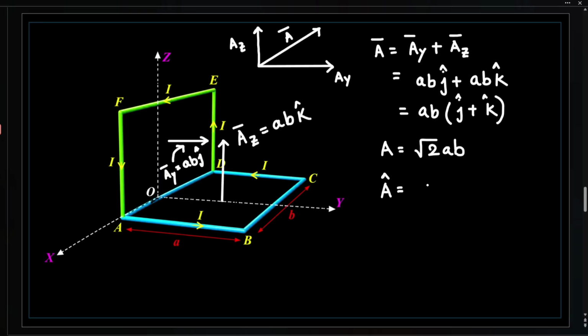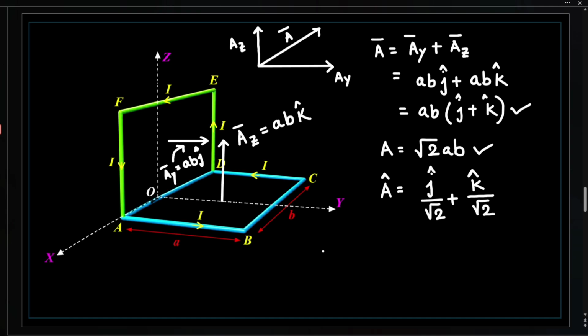Any vector, if you divide it by its magnitude, gives you the unit vector. So here the A vector is given by this one and the magnitude is root 2 AB. If you divide, you get the unit vector of A as J cap by root 2 plus K cap by root 2. So that is the unit vector.